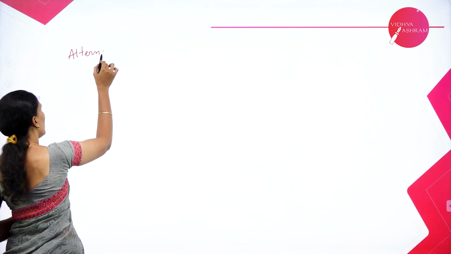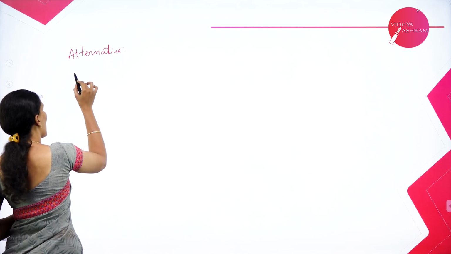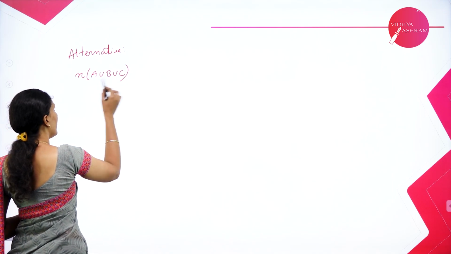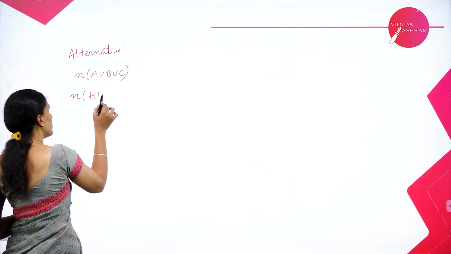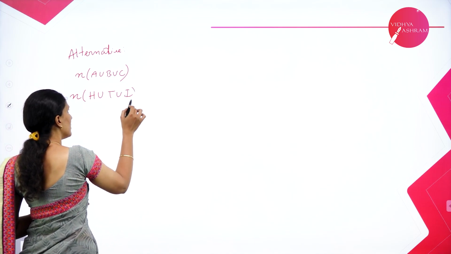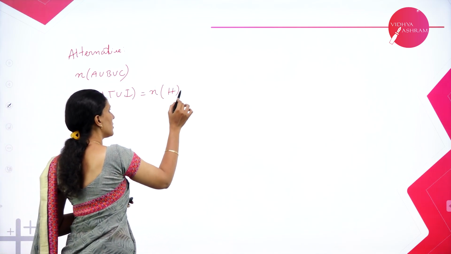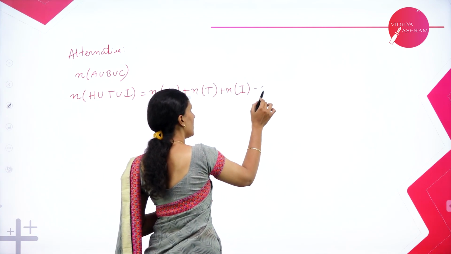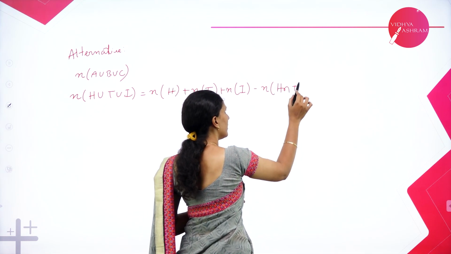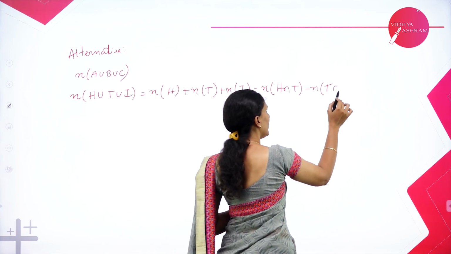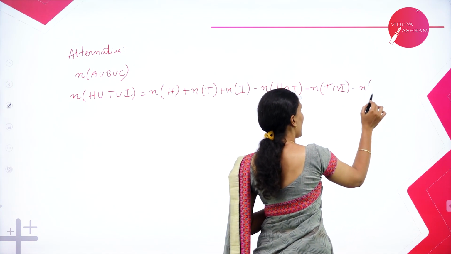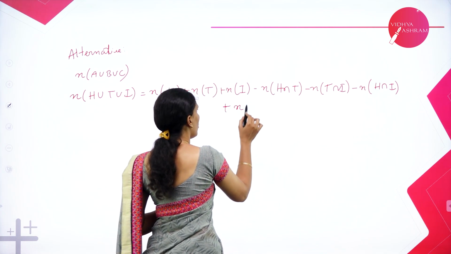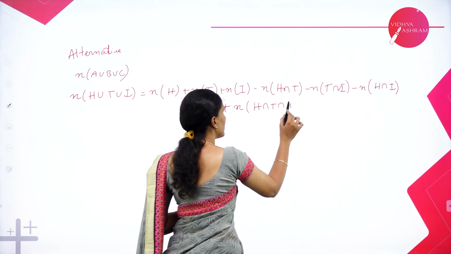That is, we have a formula for the cardinality of 3 sets, that is A union B union C. Which can be written here in the form of N of H union T union I. And this is given by N of H plus N of T plus N of I minus N of H intersection T minus N of T intersection I minus N of H intersection I plus N of H intersection T intersection I.